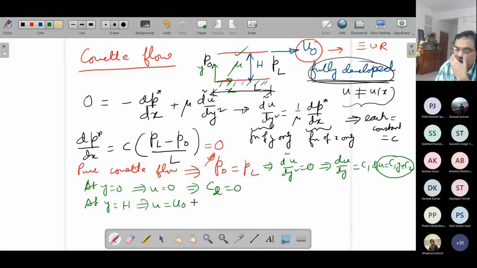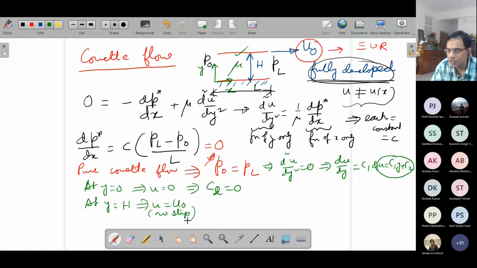This is the real manifestation of the no slip boundary condition. No slip means there is no relative tangential velocity between the fluid and the solid boundary. Relative is important. If the solid boundary is stationary, the fluid will also be stationary in the tangential direction. If the solid boundary is moving with a speed, the fluid will also move with the same speed in the same direction.